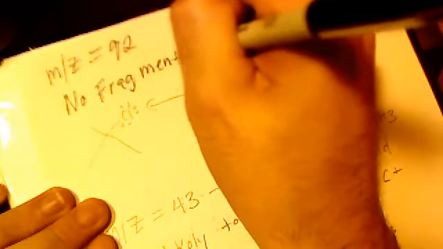Alright, let's see if I can make it. Okay. So then there's MZ 92. That's no fragmentation, nothing left. The molecule just stayed like this after it was ionized and the electron got taken away from the chlorine atom.